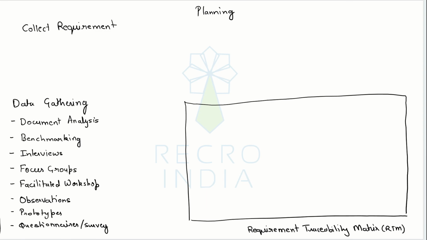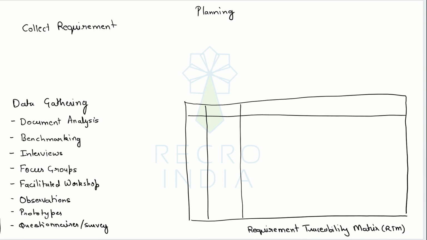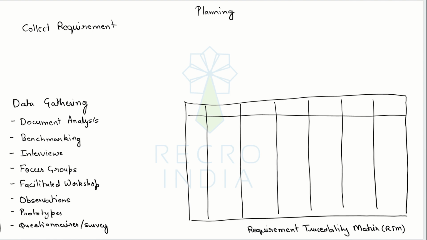This is the document that will help us to keep a trace, or you can say keep a track, of all the requirements throughout the project, because it becomes important that we have a documented basis of supporting the requirements that we are going to develop.